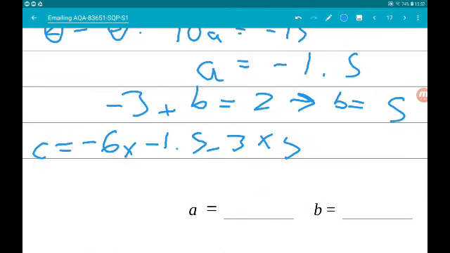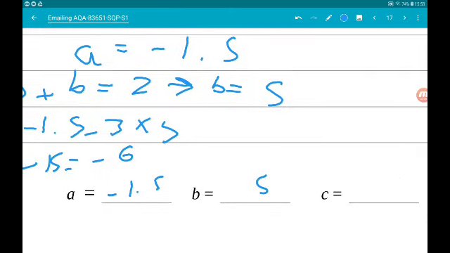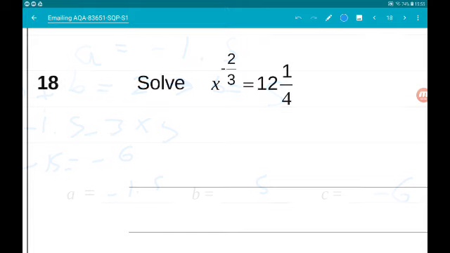Minus 6 times minus 1.5 is 9. So we got 9 minus 3 times 5. So minus 15 is minus 6. So a is minus 1.5, b is 5, c is minus 6.